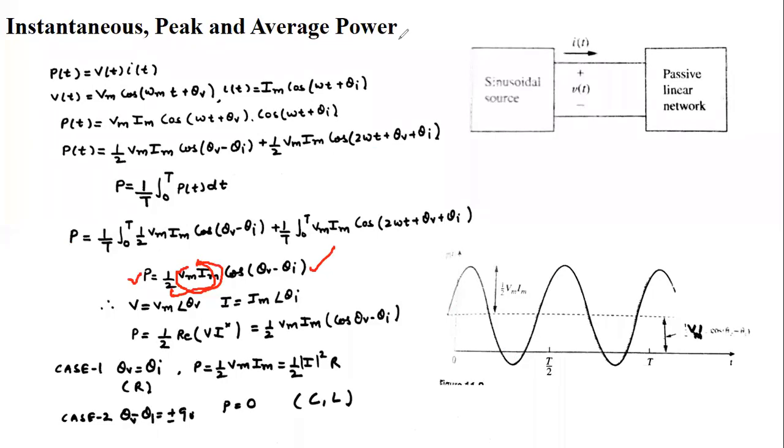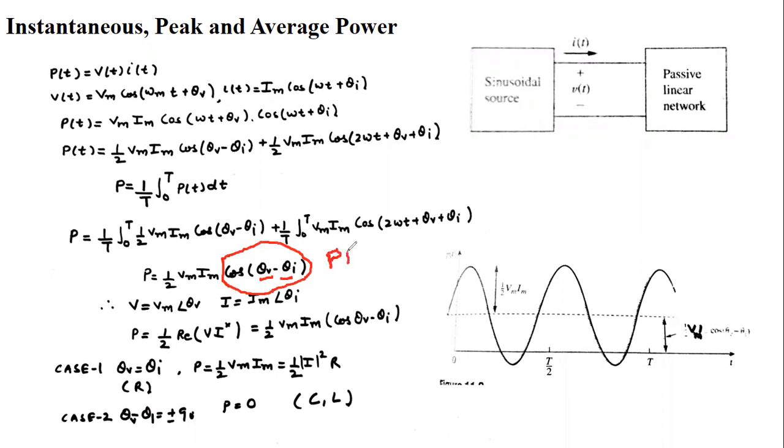One important point before moving further: in cos(theta b minus theta I), the theta b minus theta I is representing the phase difference between the voltage and current, and the cosine of the phase difference of voltage and current is known as the power factor.